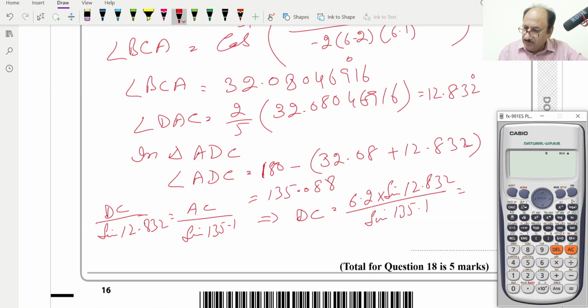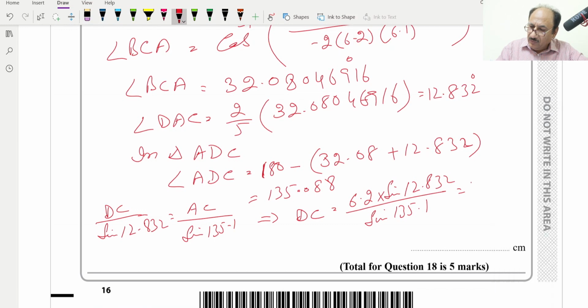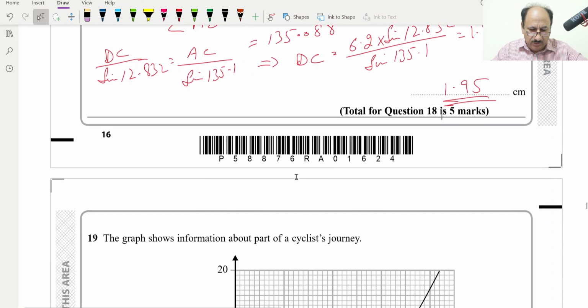This will be the fraction 6.2 multiplied by sine of 12.832, bracket close, divided by sine of 135.1, and this will be equal to 1.95. So 1.95 centimeters. This will be the length of DC. Hopefully you understood this. Now question number 19.